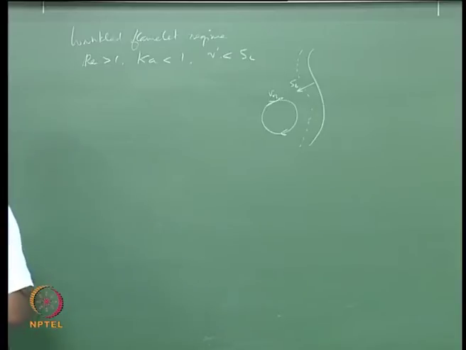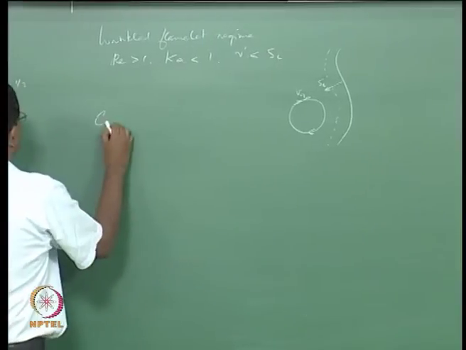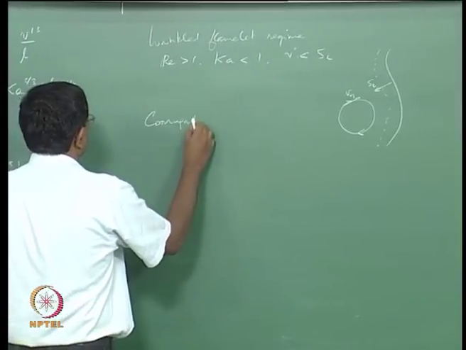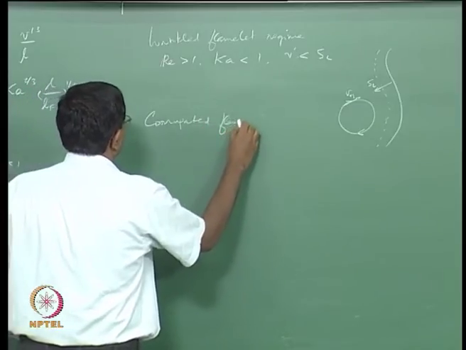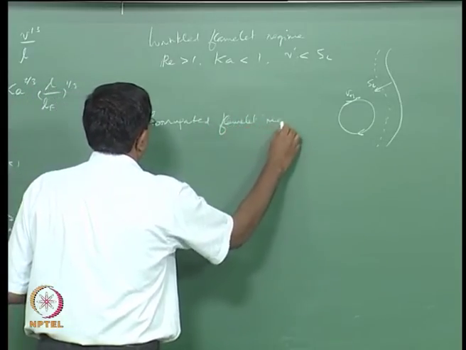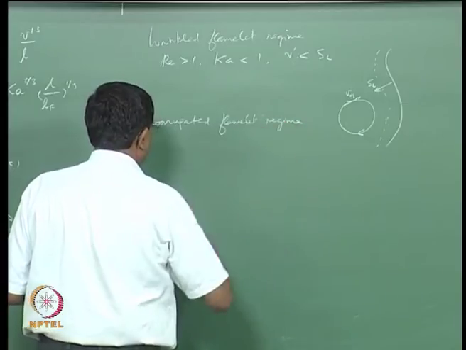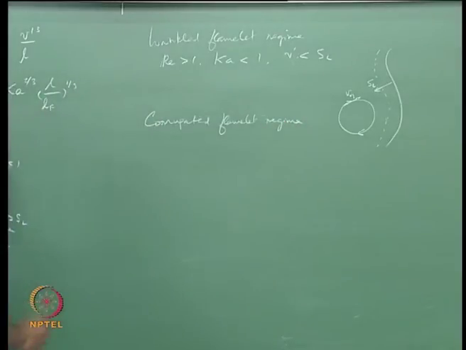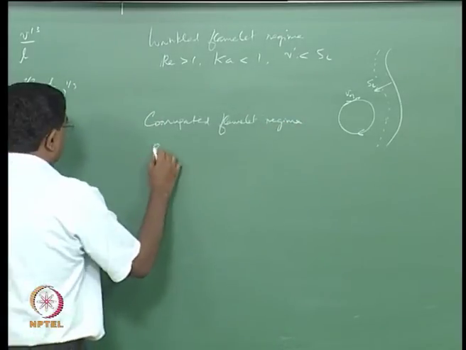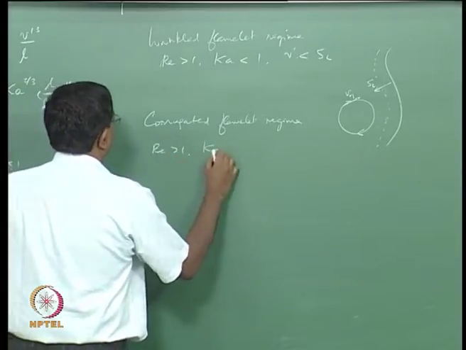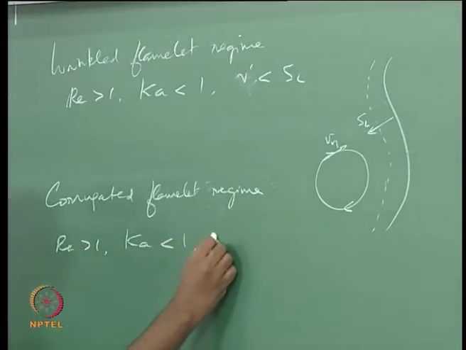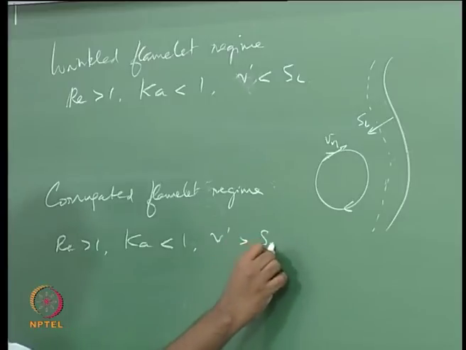The next regime, for example, would be the corrugated flamelet regime, where the Reynolds number is greater than 1, the Karlovitz number is still less than 1, but V prime is greater than SL.